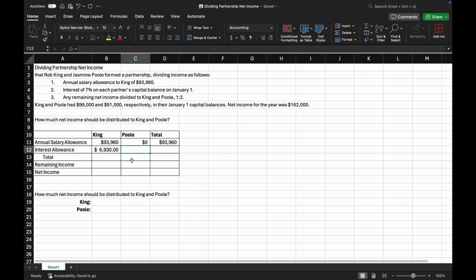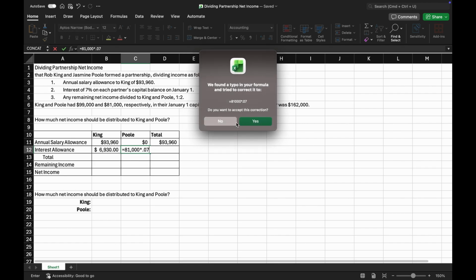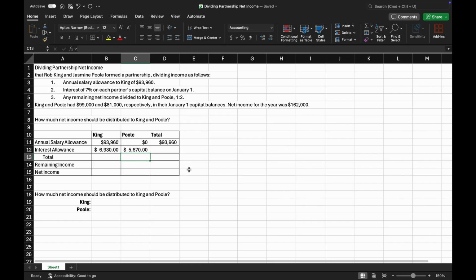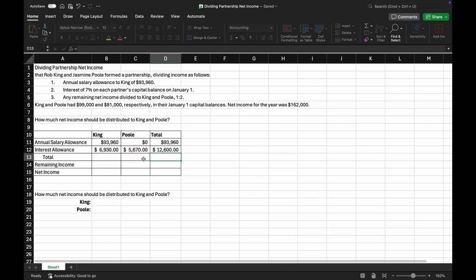For Poole, we must do $81,000 times 7%, which comes out to $5,670. Adding these two allowances together, $6,930 plus $5,670 comes out to a total interest allowance of $12,600.